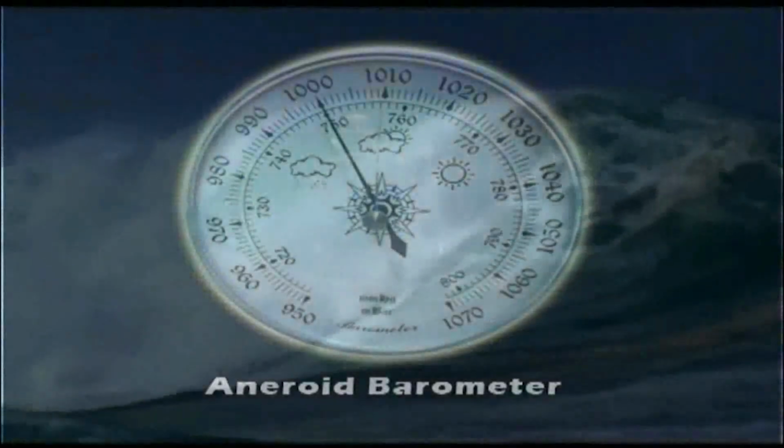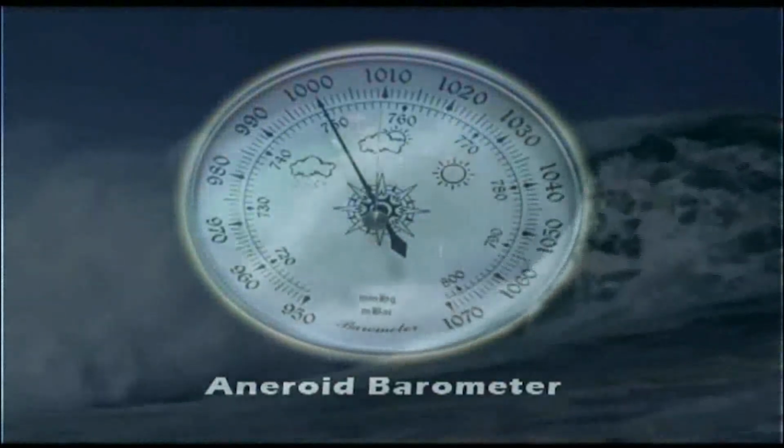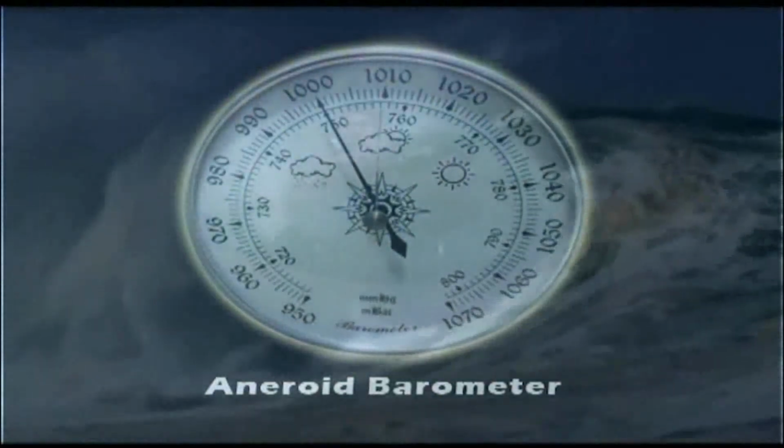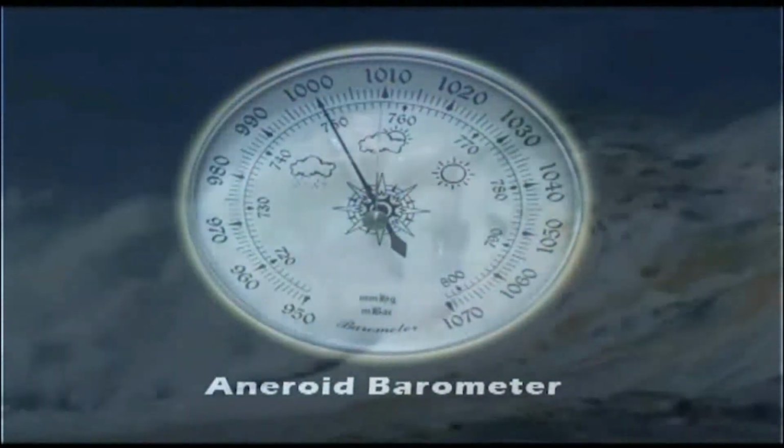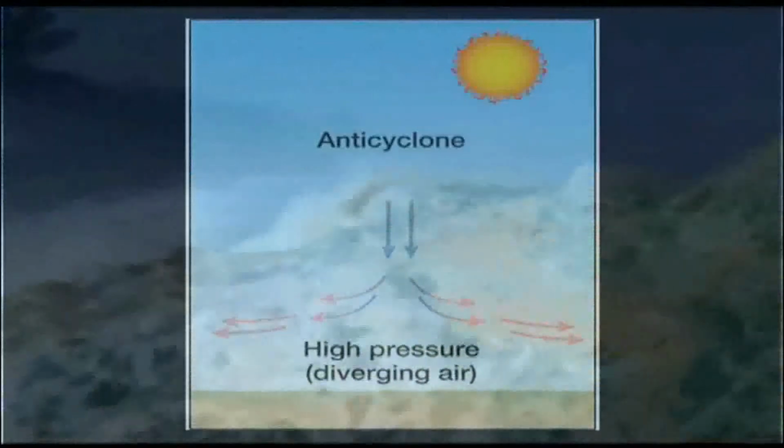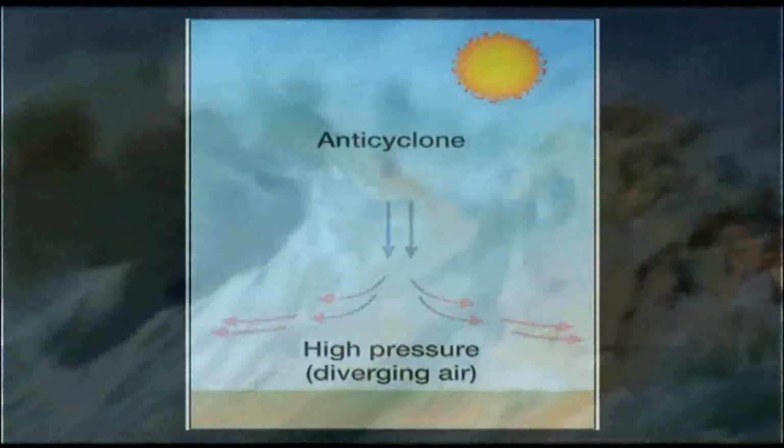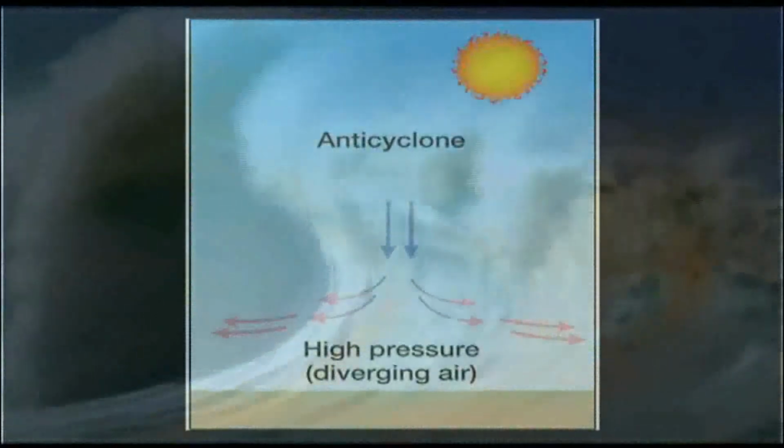The amount of pressure exerted by air at a particular point is determined by two factors: temperature and density. If there is a change in temperature, there will be a corresponding change in the pressure also.